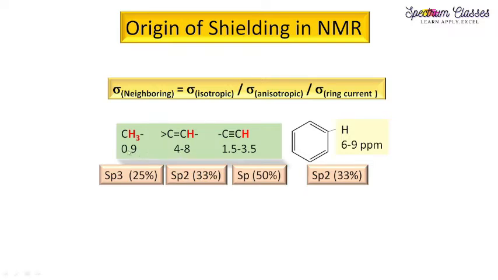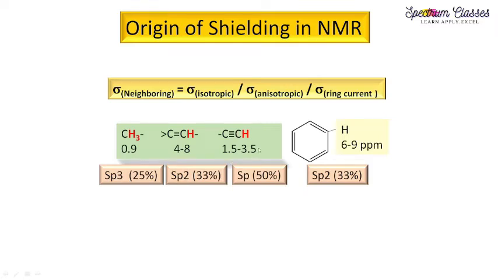So it is fine, we go from 0.9 to an increased chemical shift value, but it is a higher increase than we expect. And if we can explain this in terms of s character, then it should be higher than this. But no, we have a lesser chemical shift value for the C triple bond C group, right?